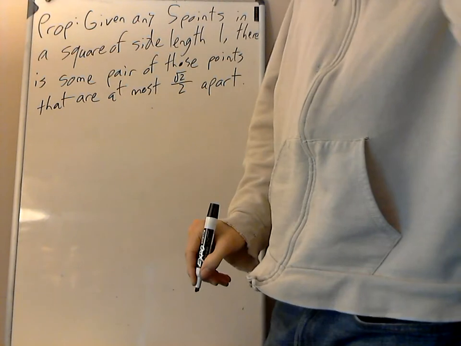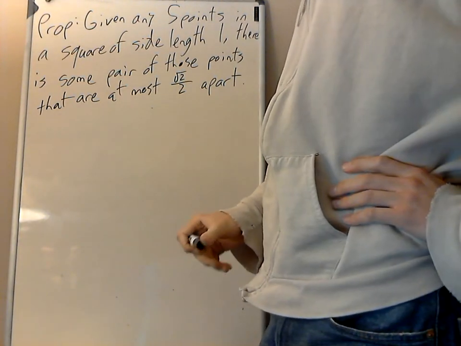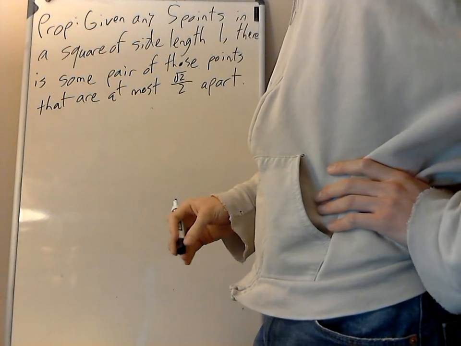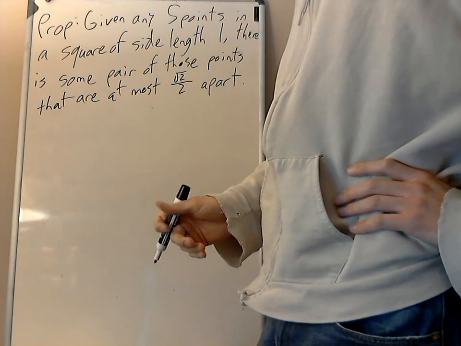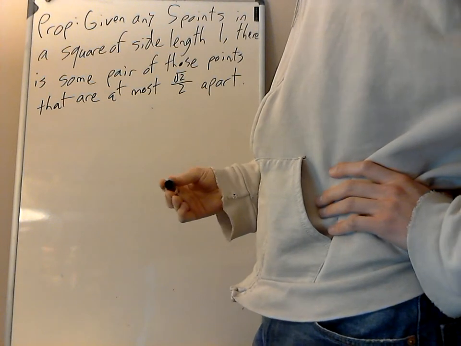Now, if you don't remember your geometry very well, the square root of 2 over 2 may seem very mystifying. So we have to try to extract some meaning from that, try to find a hint in the problem.